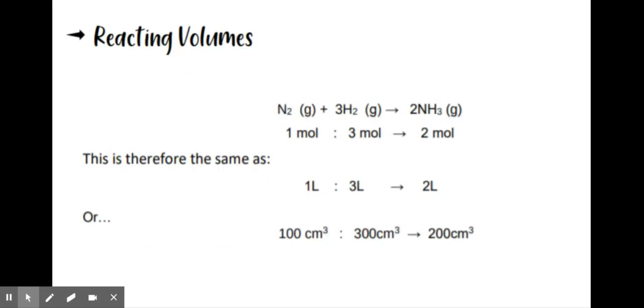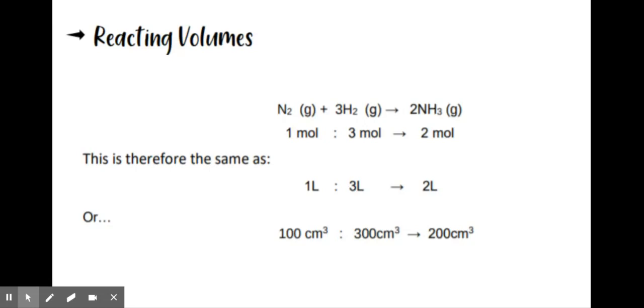So if we had the production of ammonia by the Haber process, which is our reaction right here, we have N2 plus 3H2 gives 2NH3. In other words, 1 mole of nitrogen gas reacts with 3 moles of hydrogen gas to give 2 moles of ammonia gas.